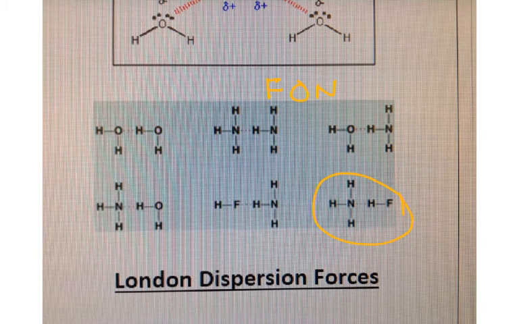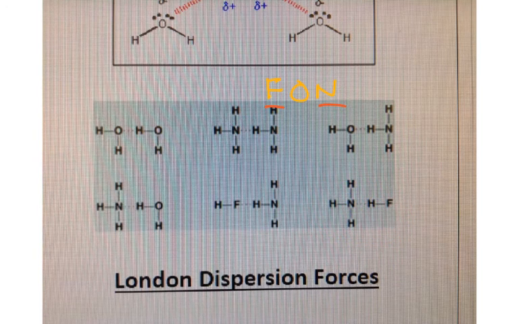The hydrogen on the left is attached to a nitrogen, but the hydrogen on the right is attached to a fluorine. Because both fluorine and nitrogen are elements available to do hydrogen bonding, you are okay.